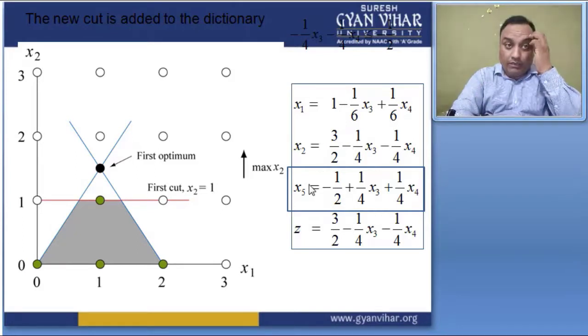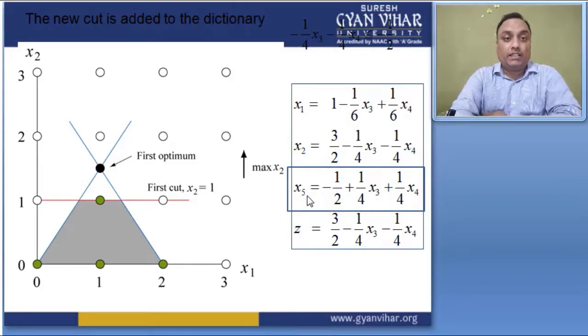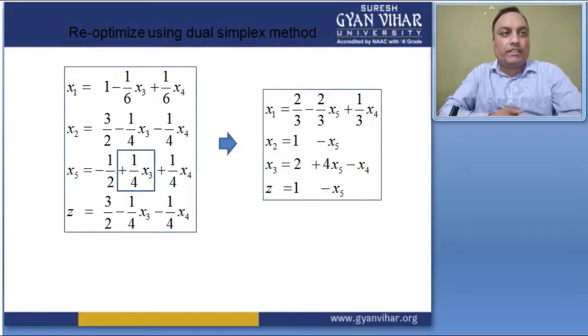The new function to be added is x5, which gives minus 1/2 plus 1/4 x3 plus 1/4 x4. So z is 3/2 minus 1/4 x3 minus 1/4 x4 for the same case, and this is the re-optimization using the dual simplex method.